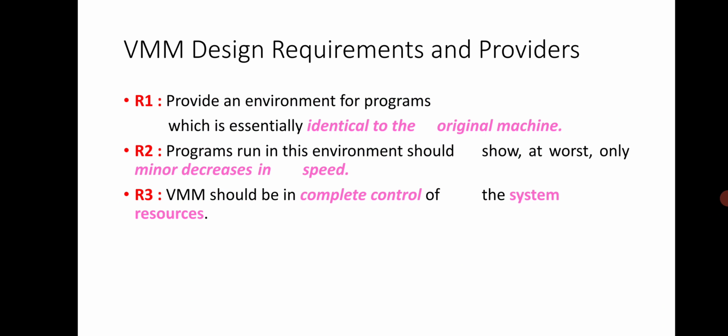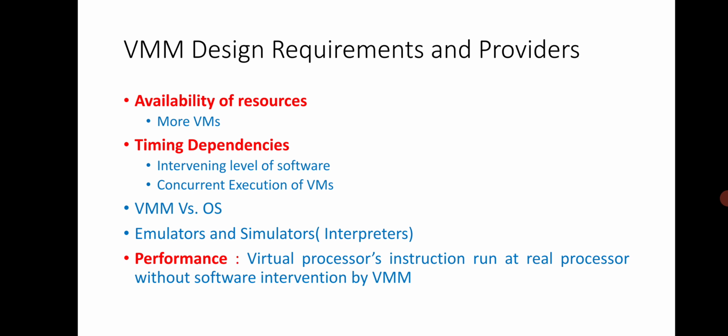R3 means the virtual machine monitor should be in complete control of the system resources. The availability of resources: more virtual machines are available. Timing dependencies. Intervening level of software.